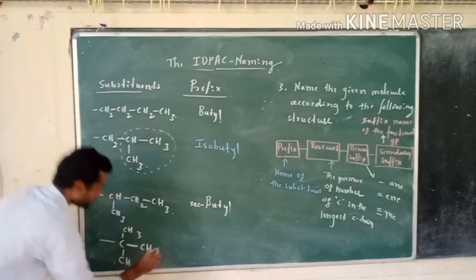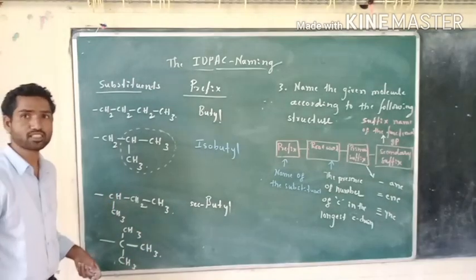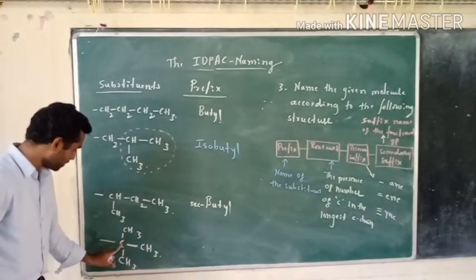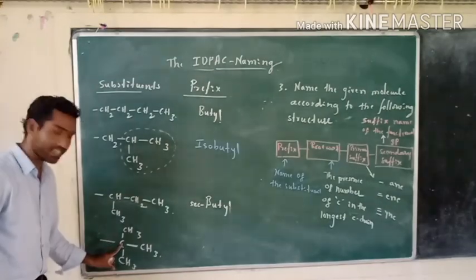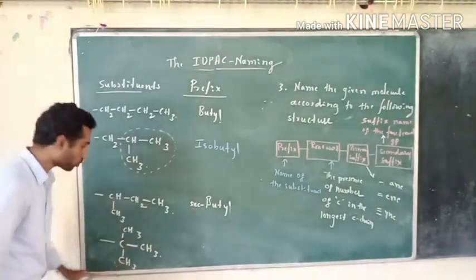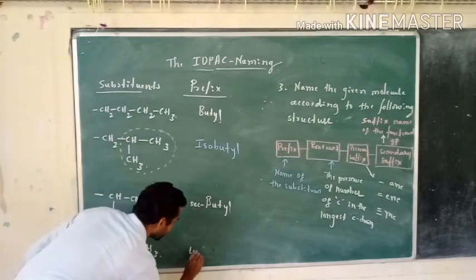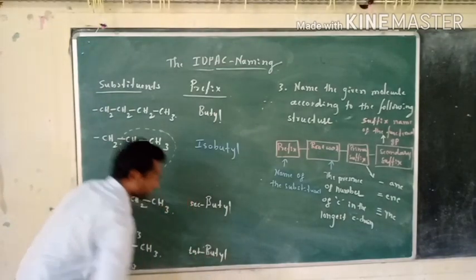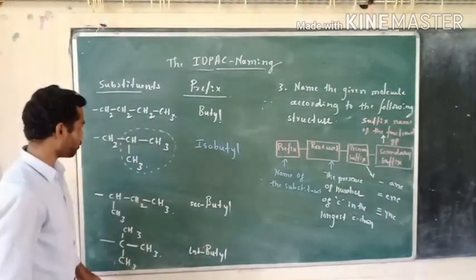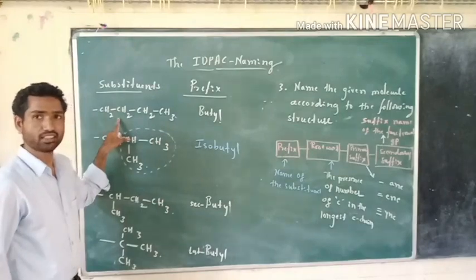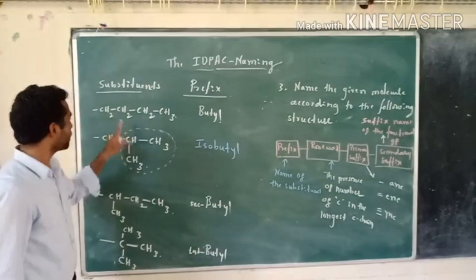CH3. This is also having 4 carbons. This molecule is also having 4 carbons. But this carbon of the substituent is attached with 3 carbons. 1, 2, 3. Therefore, it is a tertiary butyl. So this group is known as N-butyl, long chain butyl group.